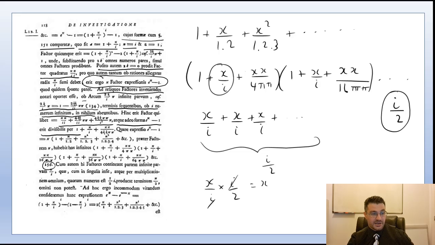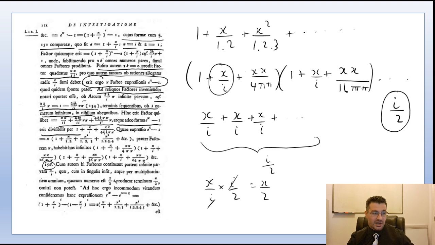Cancel, cancel, which is x over 2, which is finite. So even though we've got this infinitely small contribution from each of these factors, their total contribution when everything is expanded out is not infinitely small.